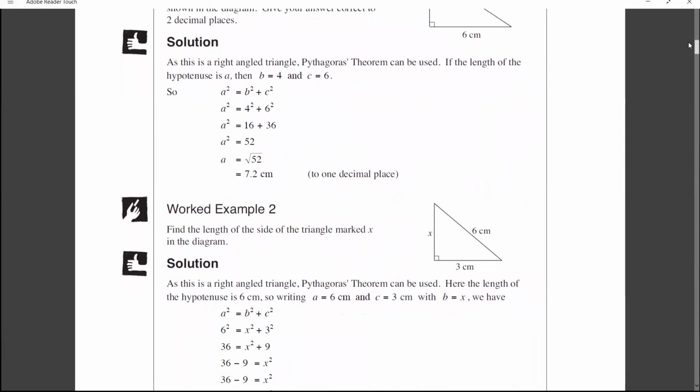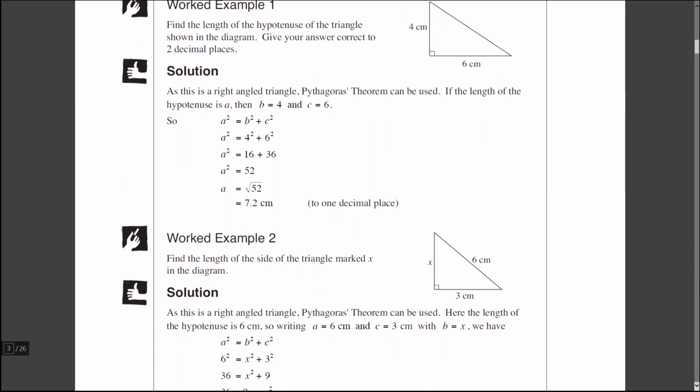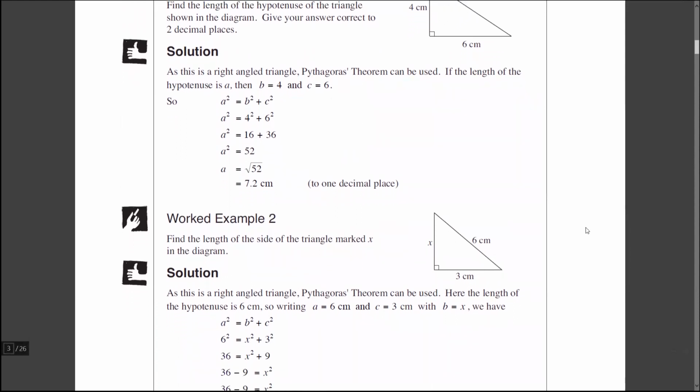Always keep in mind the unit of measurement as it relates to the length. The lengths were in centimeters, so you have 6 centimeters, 4 centimeters, and your answer should be in centimeters unless otherwise specified.